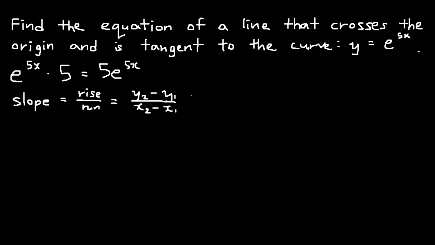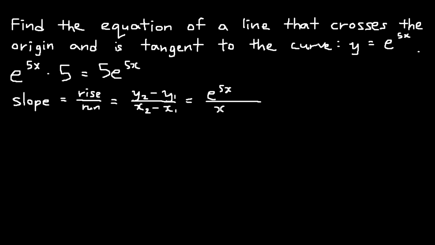Okay, let's look back in our original equation. That's y equals e to the 5x. So e to the 5x is the function of x. So we know that at a particular value of x, y is e to the 5x. So we can say that y2 is e to the 5x, and x2 is just x.